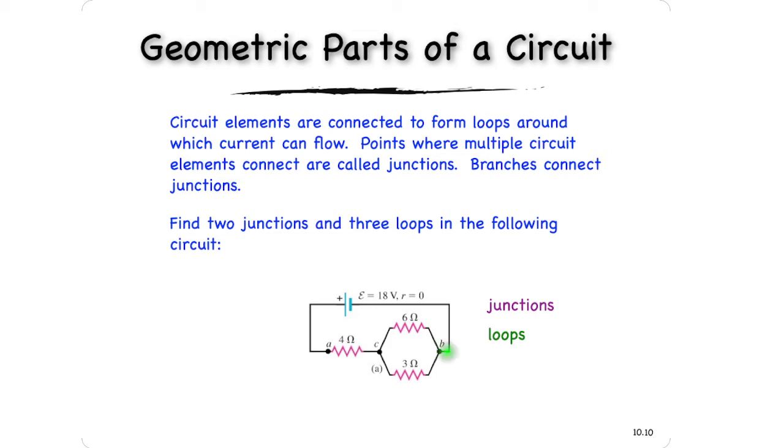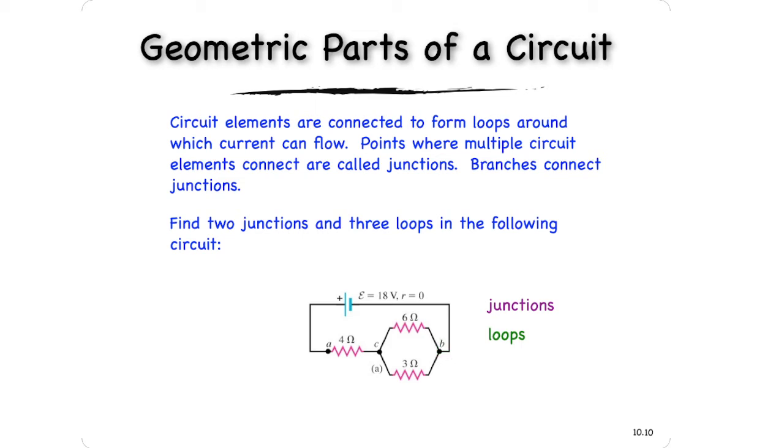And all the points that are at the same voltage along a wire are called a node. So this point down to B, down to there, and up, and all the way around to there is called a node. We can call this node B, or we can also call it junction B.